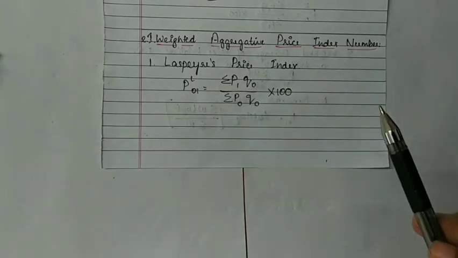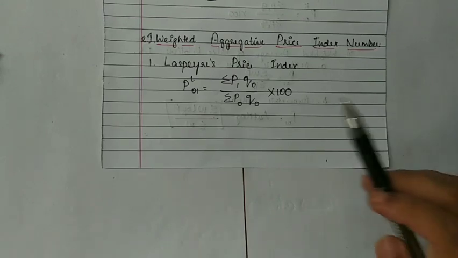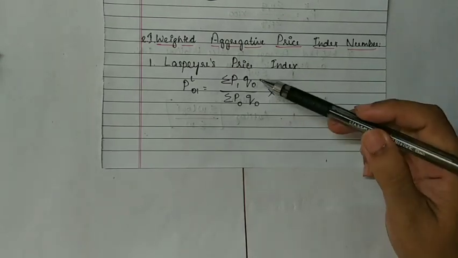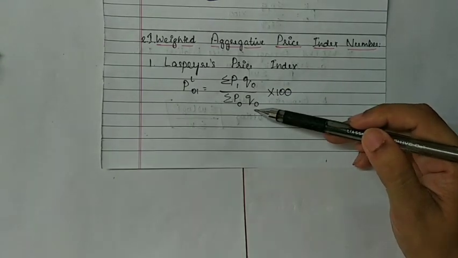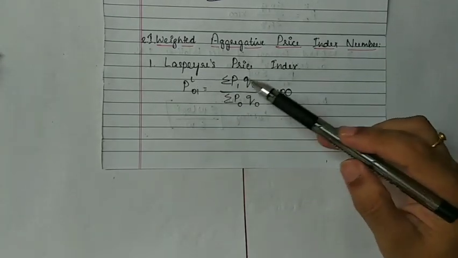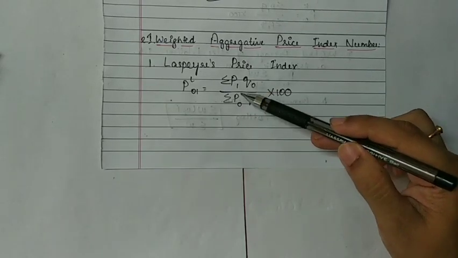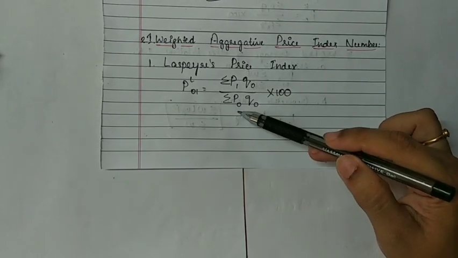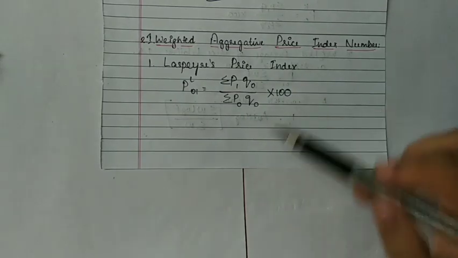In this method, price index numbers are calculated by keeping base year quantities as weights. So our formula will be P01 of L is equal to summation P1 Q0 divided by summation P0 Q0 multiplied by 100.